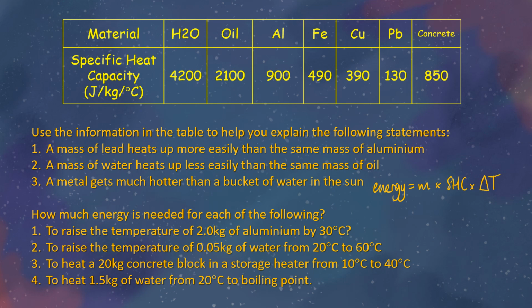Okay, we've got 2.0 as the mass. We're looking at aluminium. Okay, so we've got 900 as the specific heat capacity, and the temperature change is 30. Okay, so I've written out what you need to do for that question, and you can put it into the calculator yourselves, please. Okay, so all of these questions here, I want you to do them all, please.